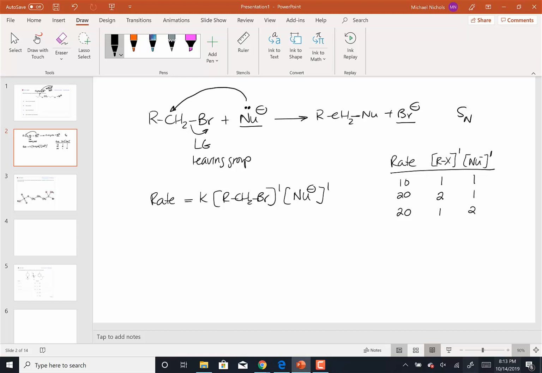And as a double check, when they doubled the concentration of the alkyl halide and doubled the concentration of the nucleophile, the rate would equal double times double, and if these were truly to the first power, then the overall rate should have been 4 times, which means they found that the rate was 40 when they doubled the concentration of each.